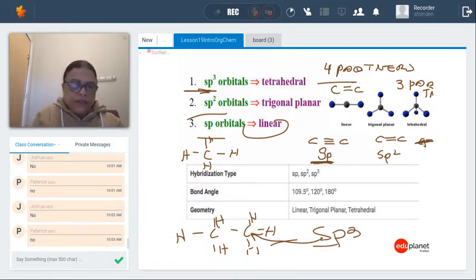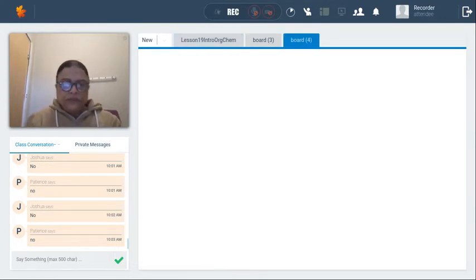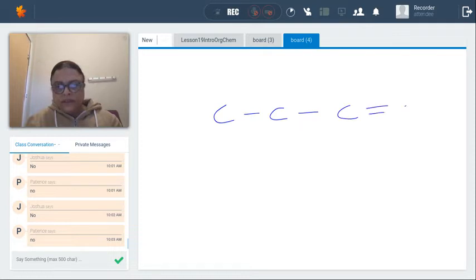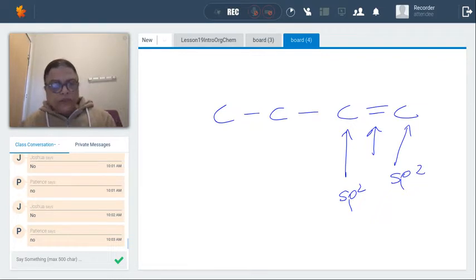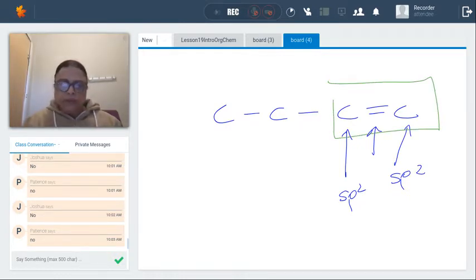Let's look at what we have to make sure that we understand. Carbon single, carbon single. This is a double bond. This carbon is sp2, and this carbon is sp2. These 2 carbons underwent sp2 hybridization to enable the formation of the double bond.